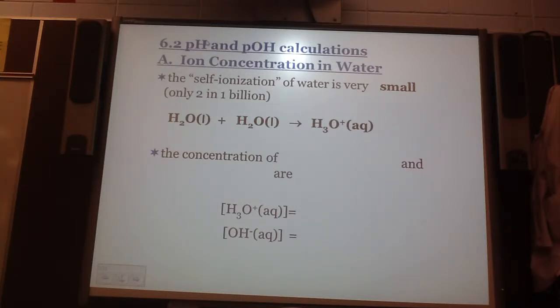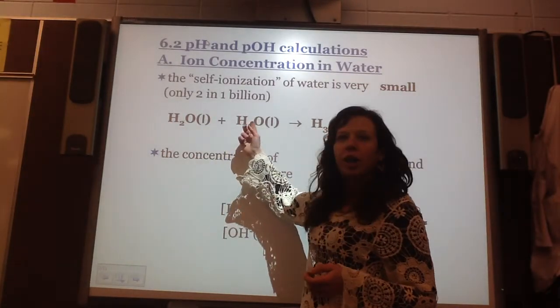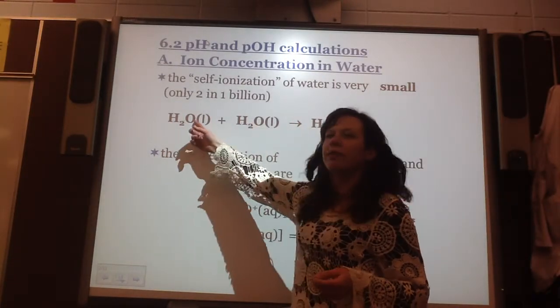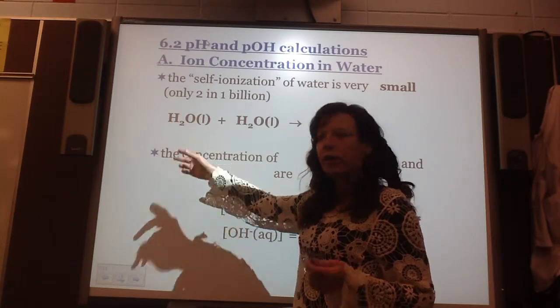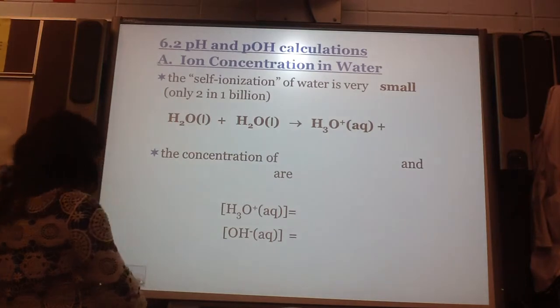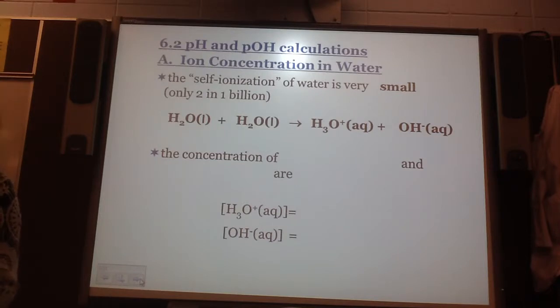So if I took a hydrogen from here and I added it onto this one to make that, what's left over here? OH, yeah. So this is why water is thought of almost as neutral, because it can do both, okay?